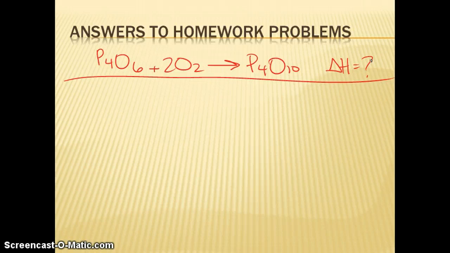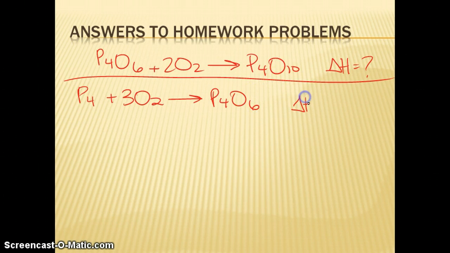We've got the step reactions. P4 plus 3O2 gives us P4O6, which has a delta H of negative 1,604.1 kilojoules.